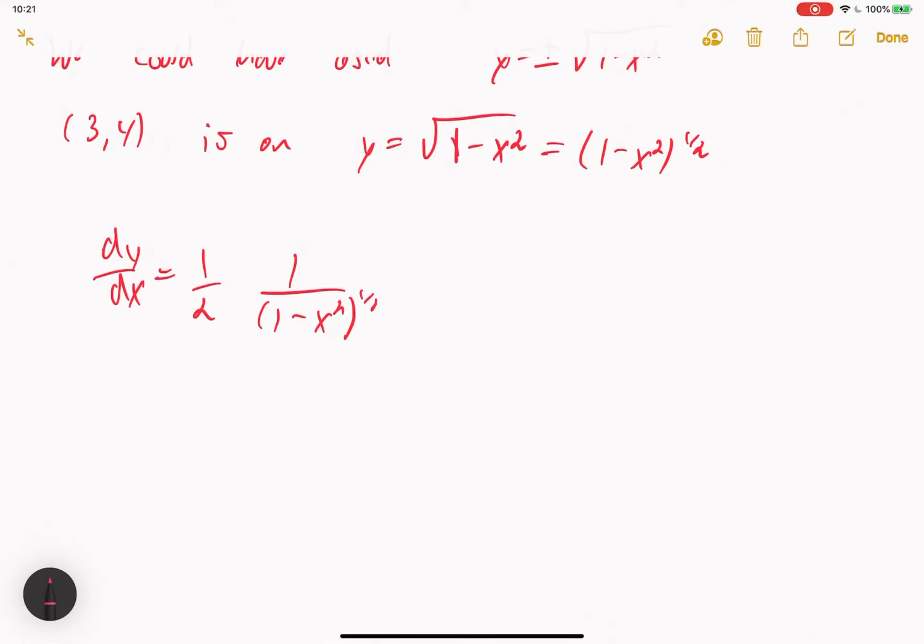Now it's again to the 1/2, because 1/2 minus 1 is equal to negative 1/2, so the whole thing goes on the bottom. And then lastly, we multiply by the derivative of the inside to get negative 2x. These 2's will cancel. We get negative x over 1 minus x squared to the 1/2.